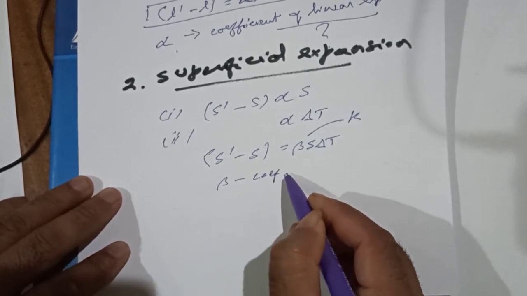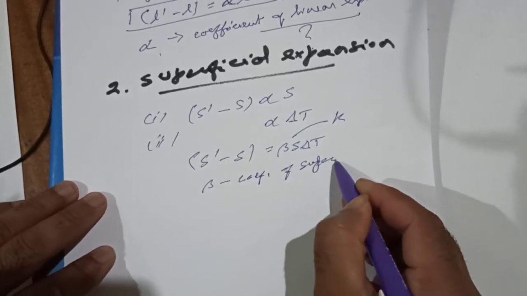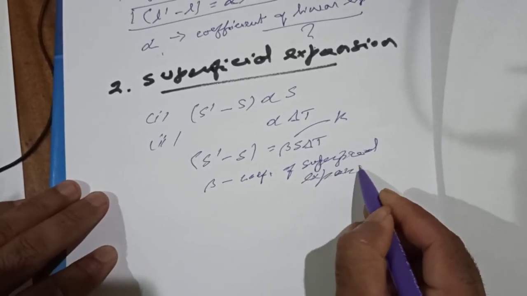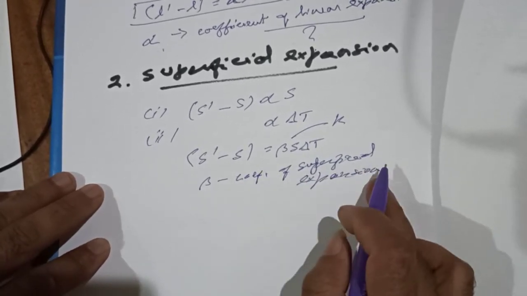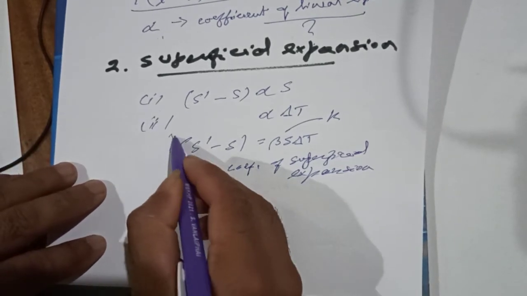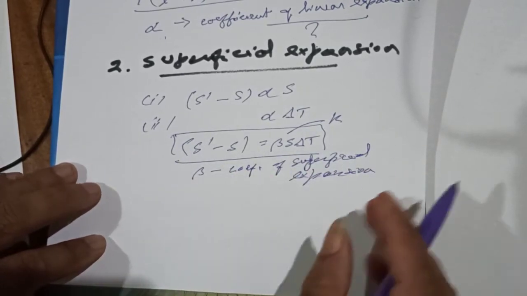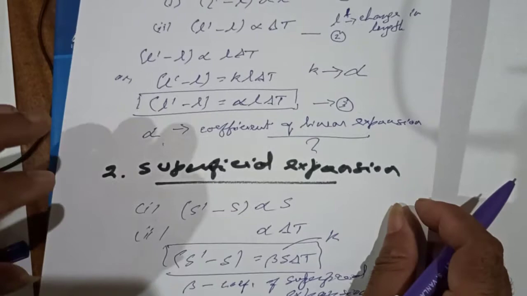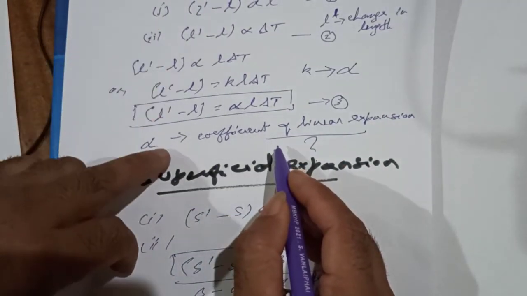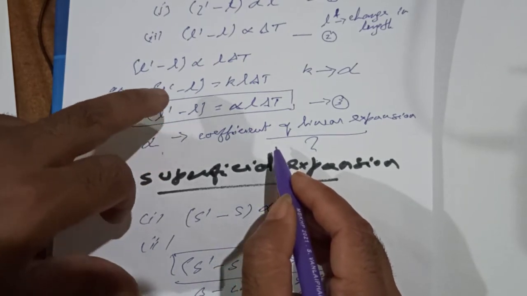So I shall write in shortcut: coefficient of superficial expansion. So this is again an important formula or relationship. And I forgot to tell you the SI unit of linear expansion.